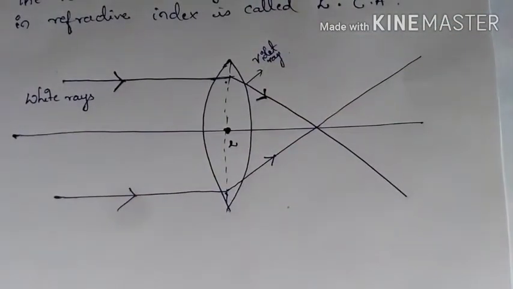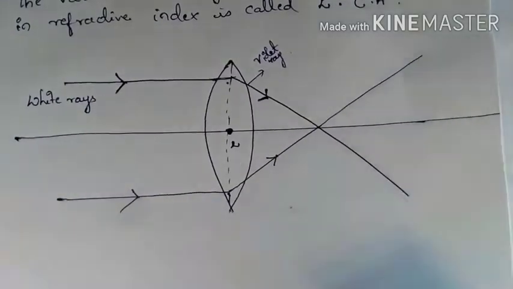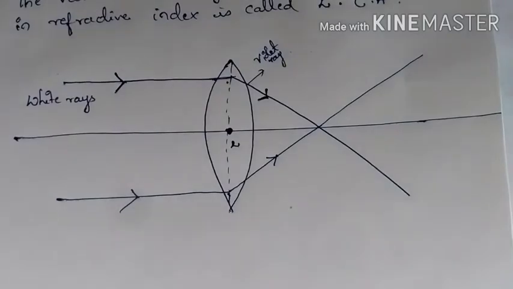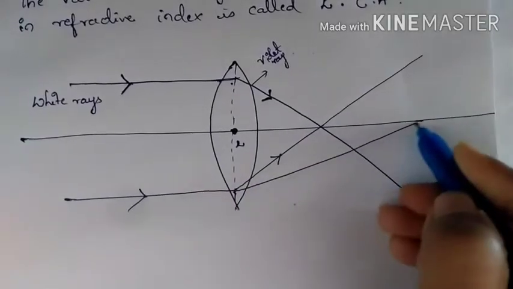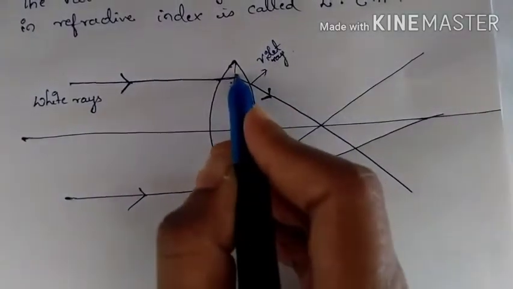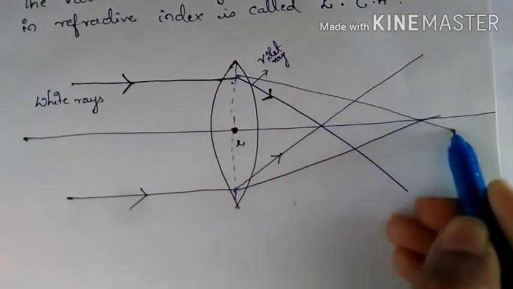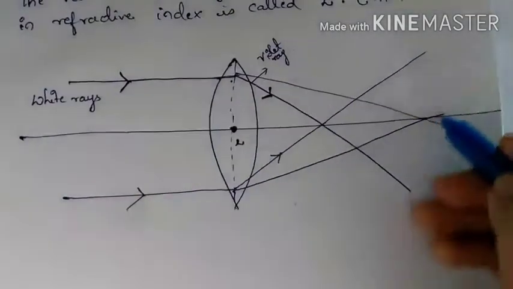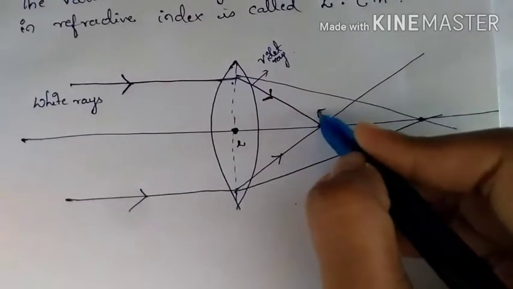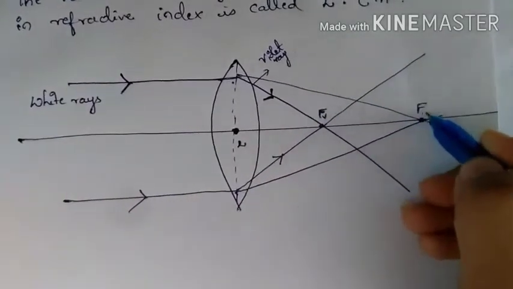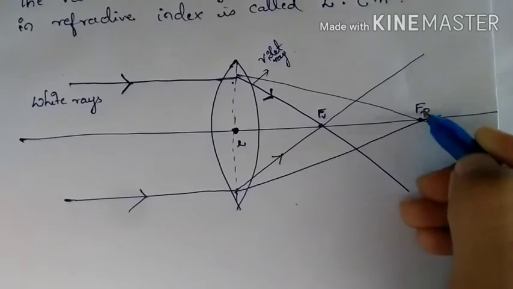So now there is another light, that is red light. This red light will have the larger wavelength, and this gets refracted at a different position or at a far distance from the lens. So let this be FV and this be FR.